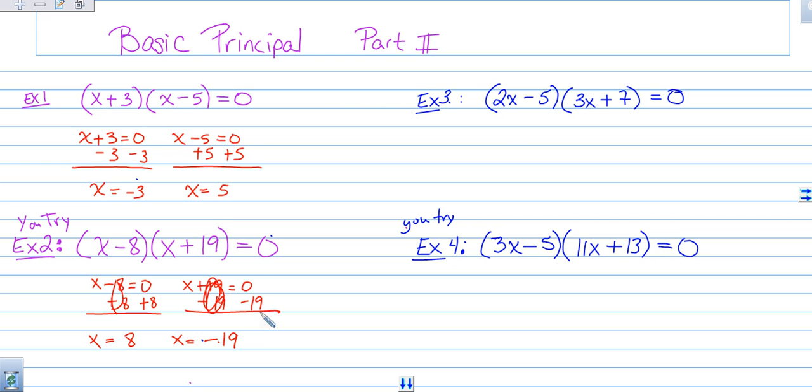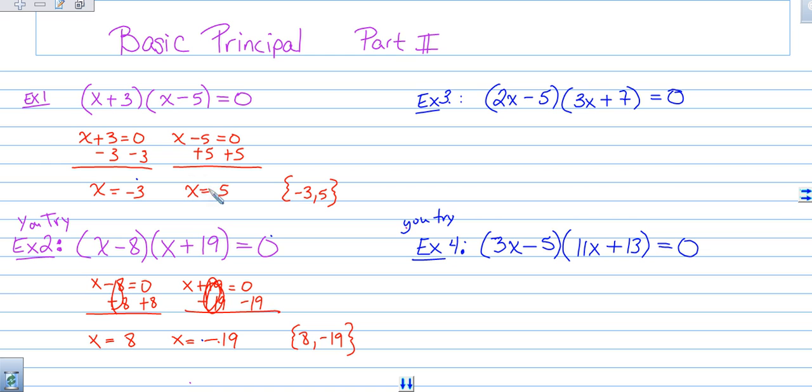Another way that you may see this written is they'll use curly brackets, and you'll put negative 3 comma 5 and close the curly brackets. Okay, and down here you'd see 8 and negative 19, close the curly brackets. Okay, try not to ever use parentheses, because that would indicate that it's a point, and these are not points.